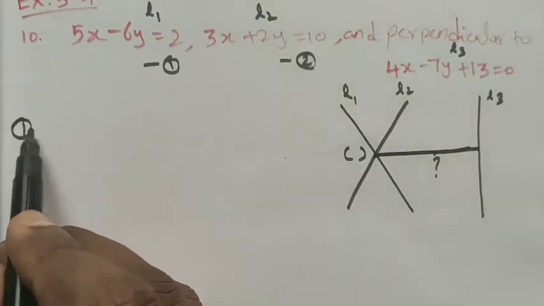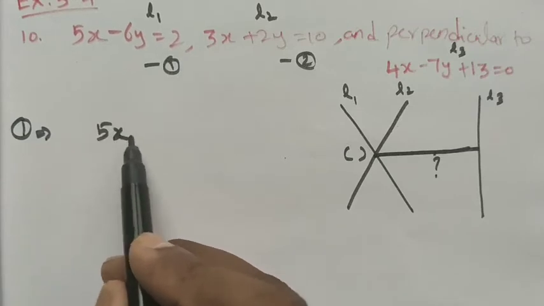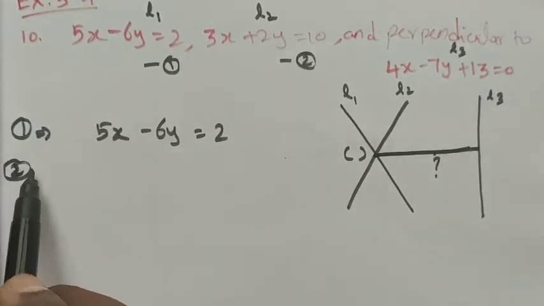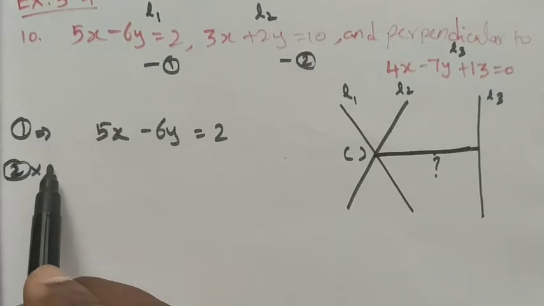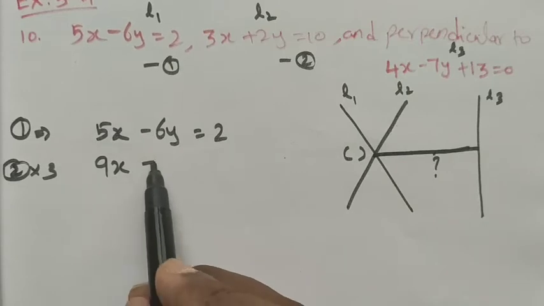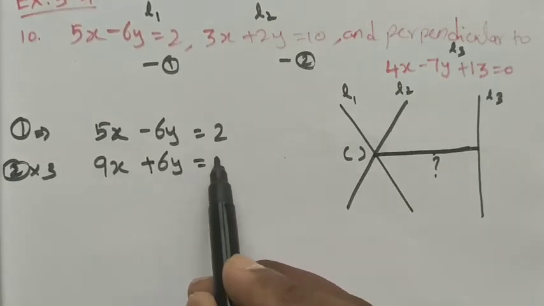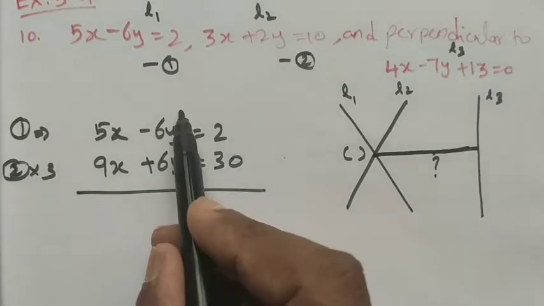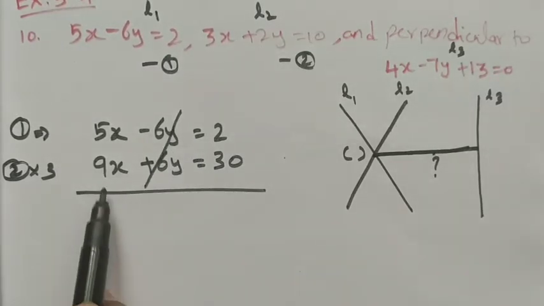The first equation stays as 5x minus 6y is equal to 2. The second equation multiplied by 3: 3 threes are 9x plus 6y is equal to 3 tens are 30. Now plus 6y and minus 6y will be cancelled.